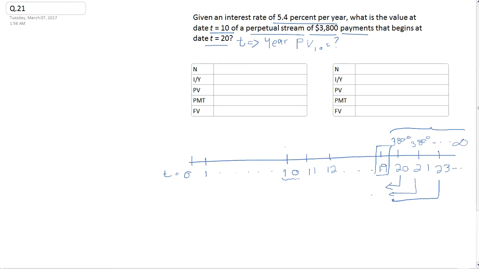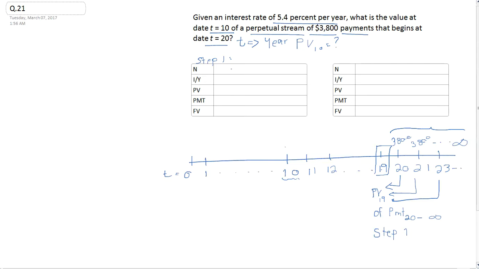So find the lump sum of all payment from year 20 to infinity as a present value at time 19. So in order to do this, this is step 1. Okay, so let's go to step 1 here. Step 1.